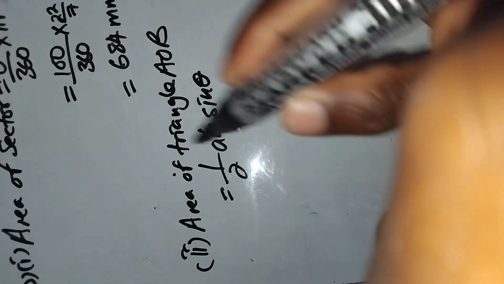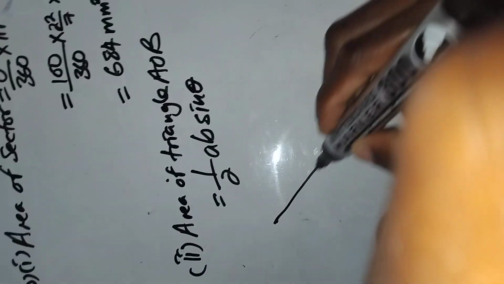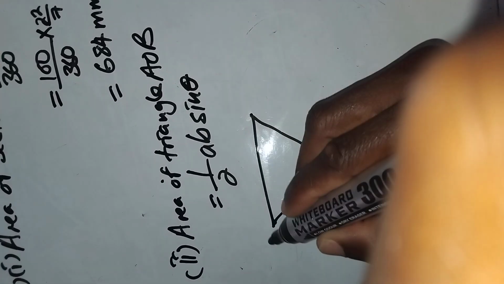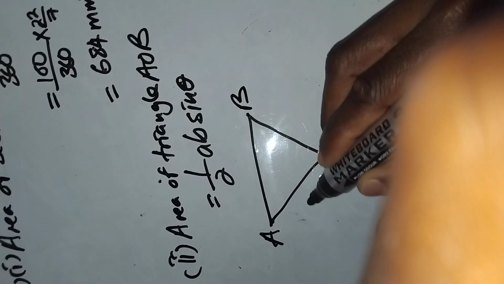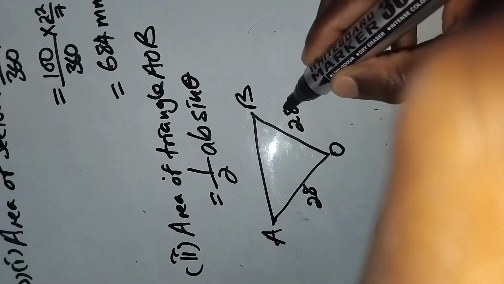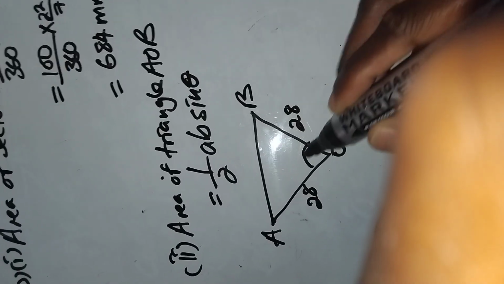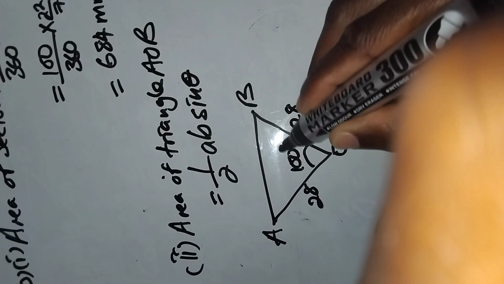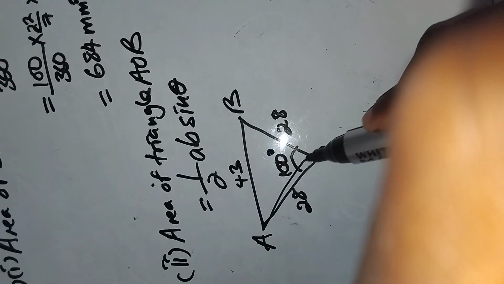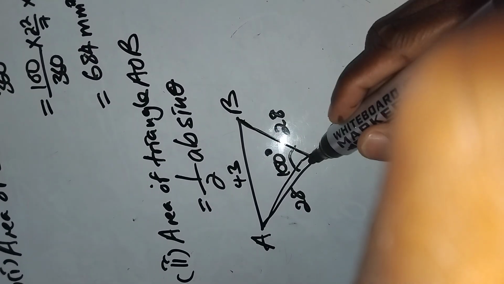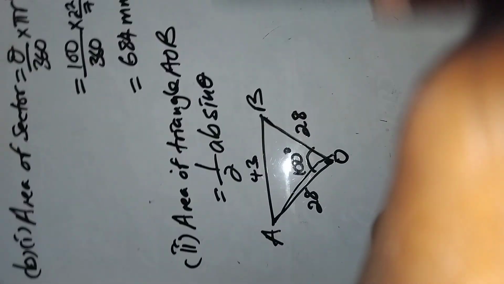Because it has an angle. This is our shape, this is A, B, O. Here 28, here 100, here 28. So we use the sides that form the angle.